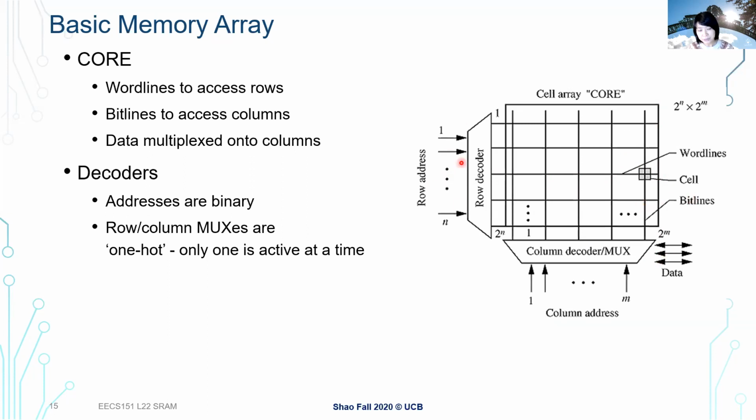We also talked about there needing to be a decoder so that we can get one-hot encoded addresses and access both horizontally for the rows and also vertically for the columns. We'll not get too much into decoders in today's lecture, but we'll come back next week.